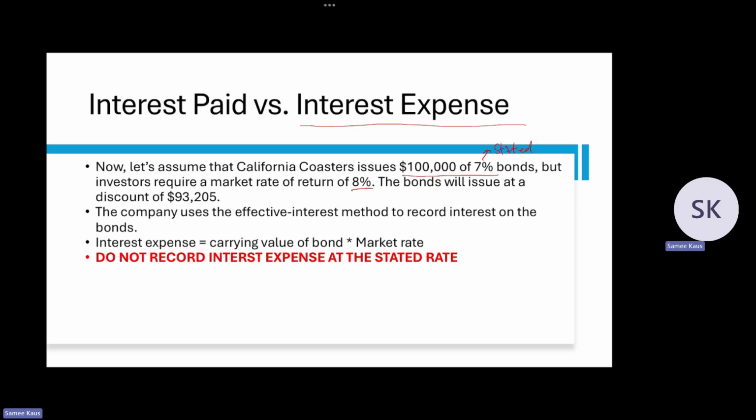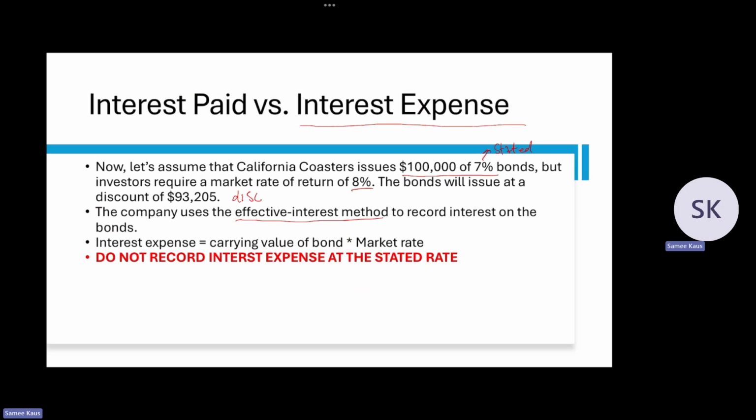But what this means is that we have to somehow recognize this discount as additional interest expense. So we use what's called the effective interest method to record interest on the bond. Not only do I need to recognize the cash that I'm paying you, I have additional interest expense as I chip away at this discount.